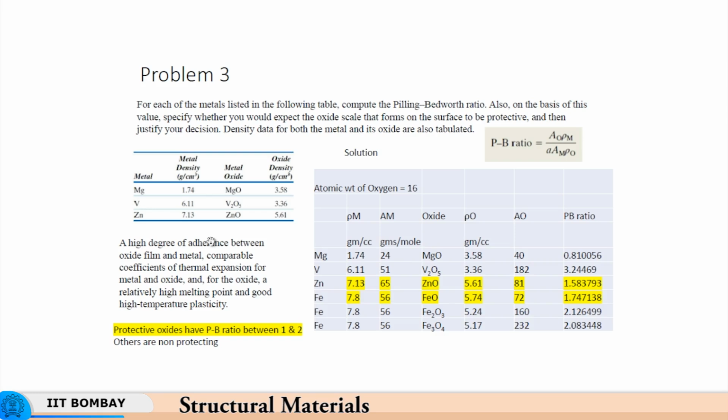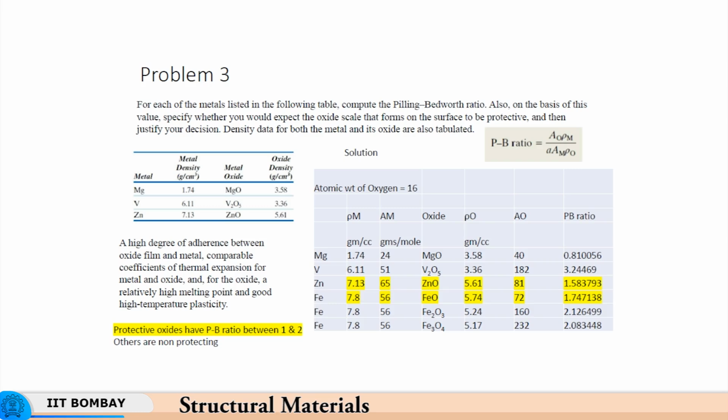So, if the oxide film is to be protective, then there has to be a high degree of interfacial strength between the oxide and the metal, and a comparable coefficient of thermal expansion. If the thermal expansion of, let us say, the substrate and the oxide are very different, then it will generate tensile stresses in the oxide, which can result in fracturing of the oxide.